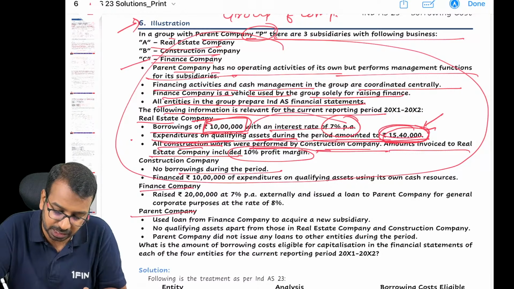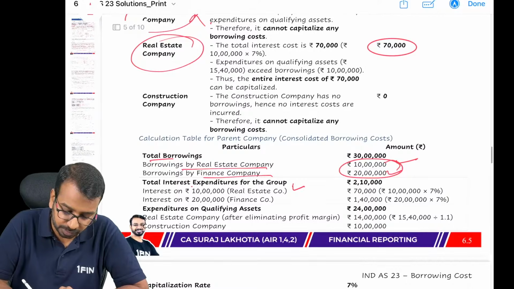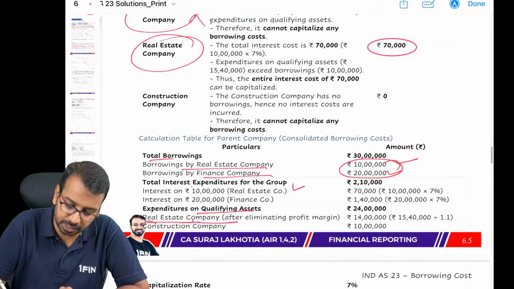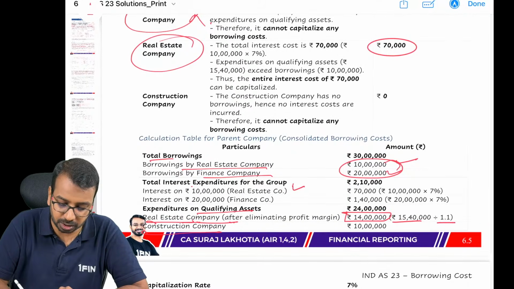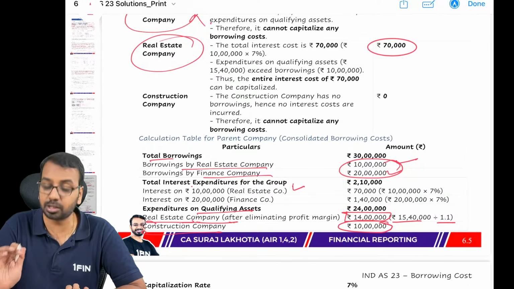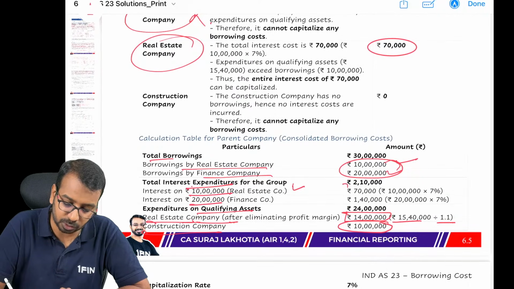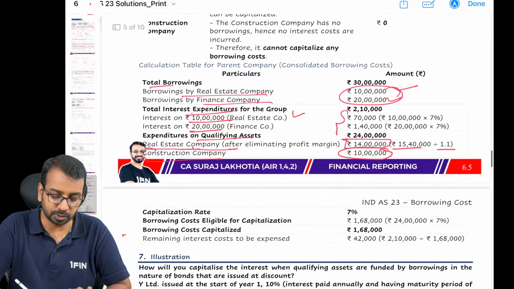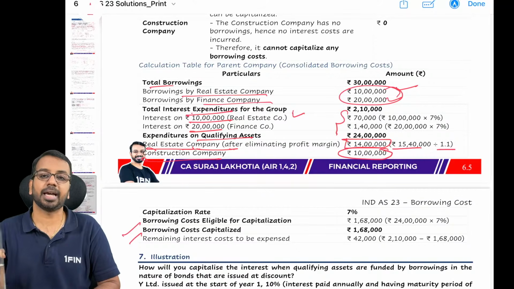But on a group basis, the expenditure on qualifying asset is 14 lakhs. Why? Because 1540 includes a profit element. Construction company has a cost of 10 lakhs. That is the total cost. And the interest expenditure is 10 lakhs and 20 lakhs. This is the total interest. Accordingly, you will calculate the borrowing cost to be capitalized and the balance will be expensed.